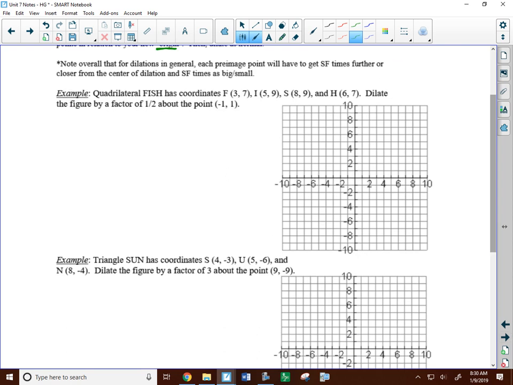So let's do this one. Quadrilateral FISH: 3, 7; 5, 9; 8, 9; 6, 7.